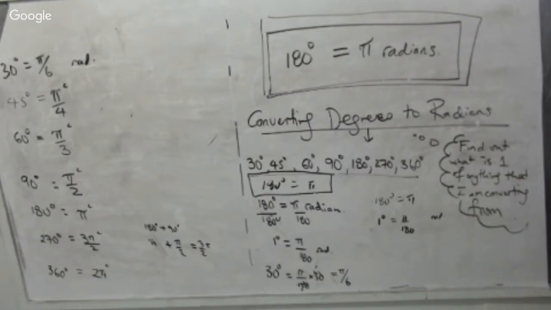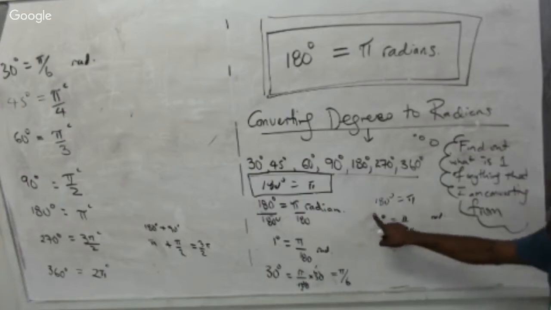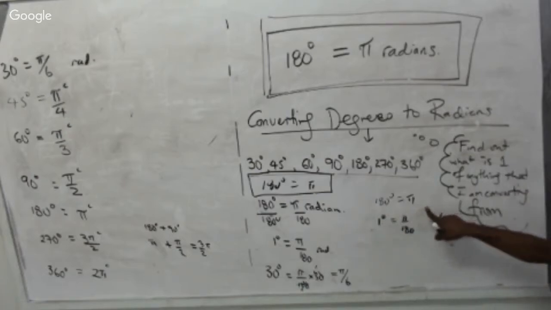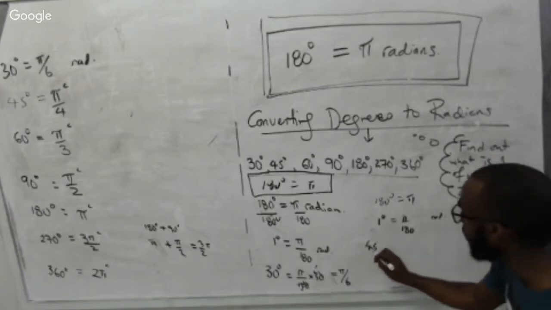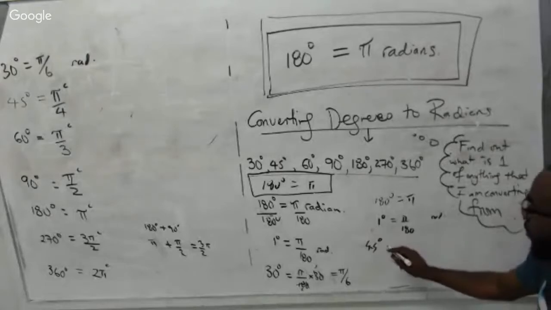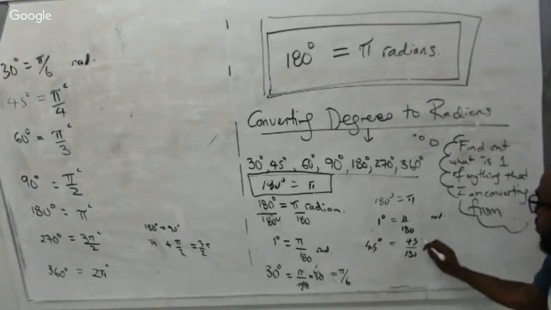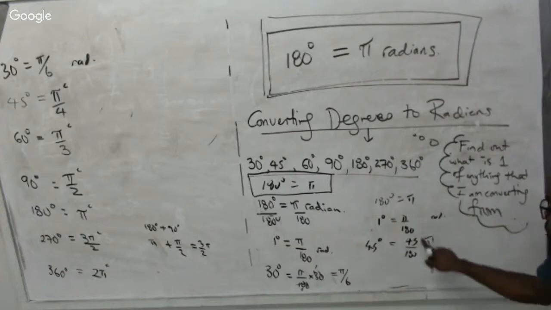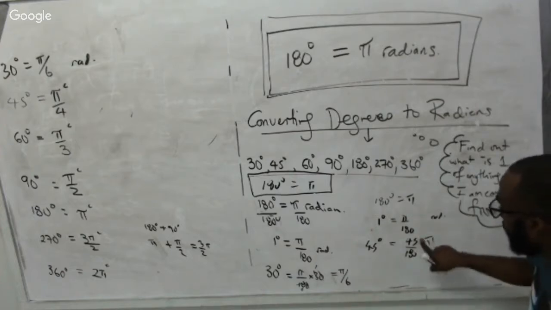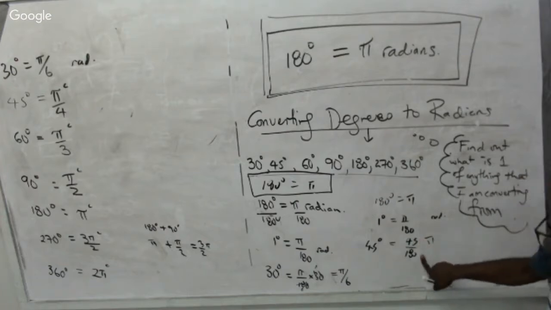Now, we would have found 180 equals pi radian and divided both sides by 180 to get 1 degree equals pi upon 180. Then I need to multiply both sides by 45. 45 times 1 is 45, and 45 upon 180 times pi, I can plug it in my calculator, and my calculator will tell me that this goes into this 4 times.